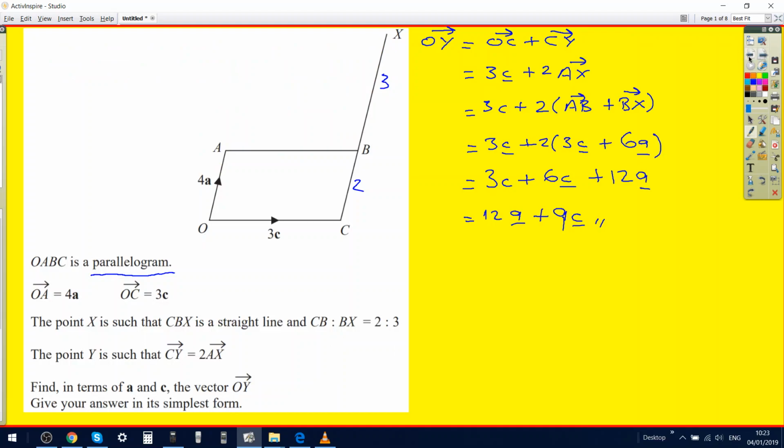yeah, quadratics comes up a lot. Okay, let's see. So this one, how do we do this type of vectors question?